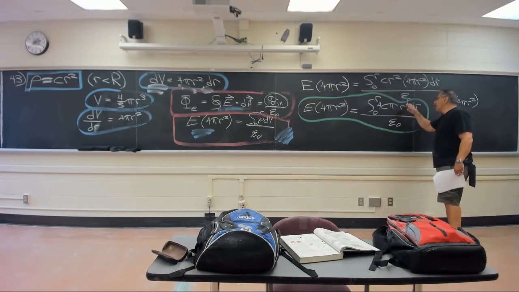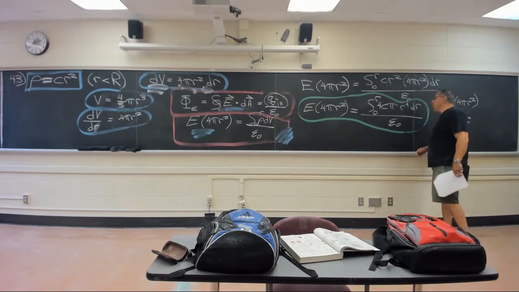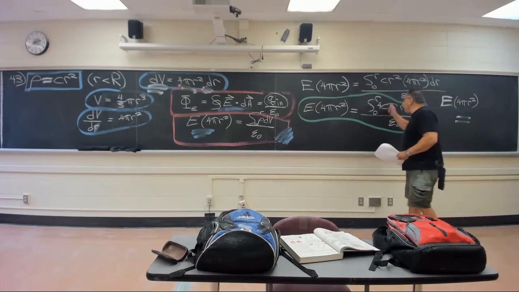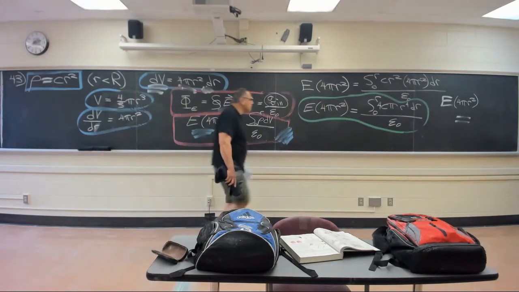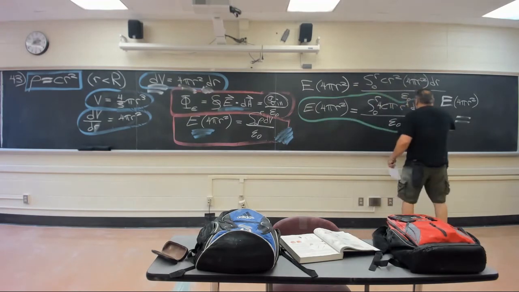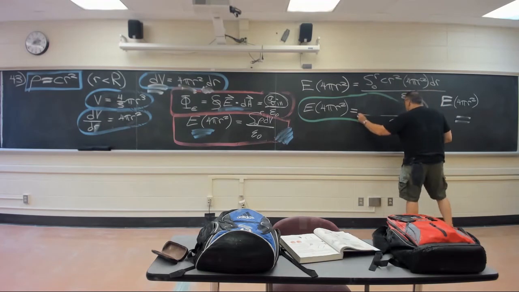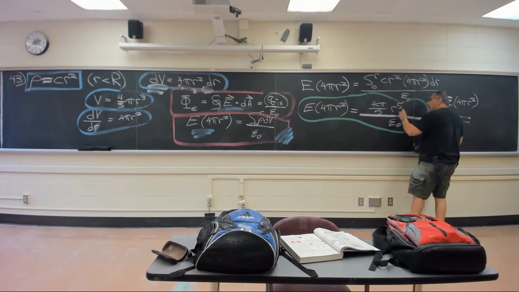Integrating r to the 4th with respect to r is 1/5 r to the 5th, times the 4c pi, so 4c pi over 5 r to the 5th.